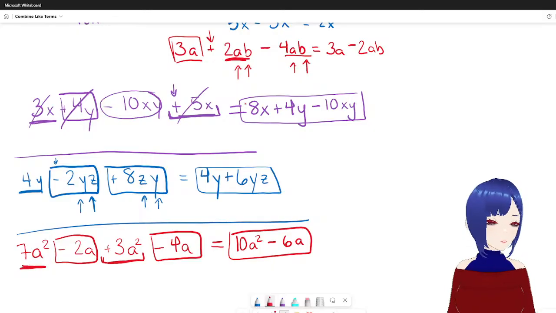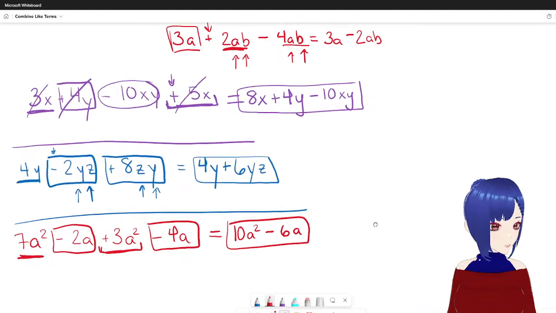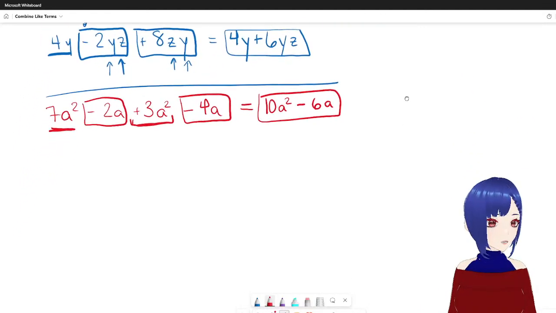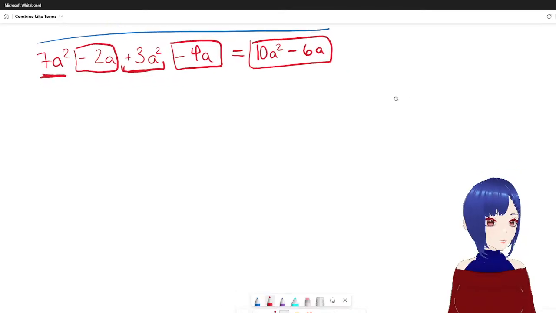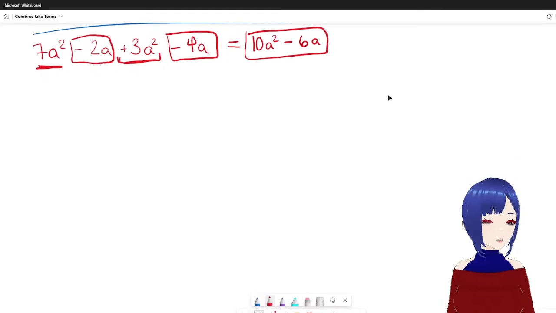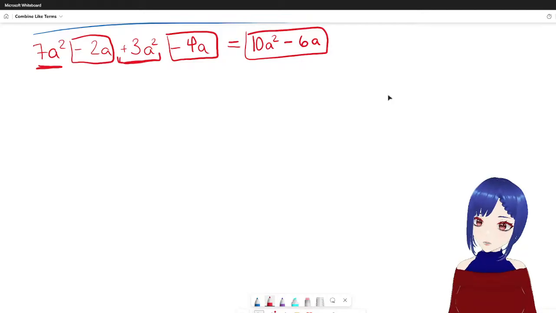So when you have fractions, a lot of students shy away from fractions because they feel like they're really complicated. But if combining like terms with algebra makes sense to you, then this will hopefully help as well.